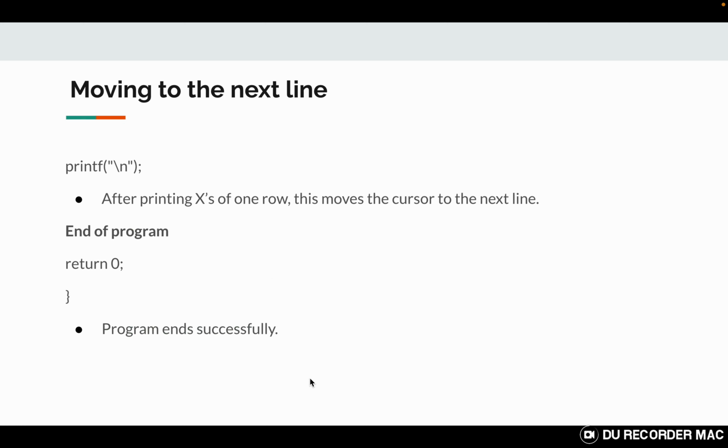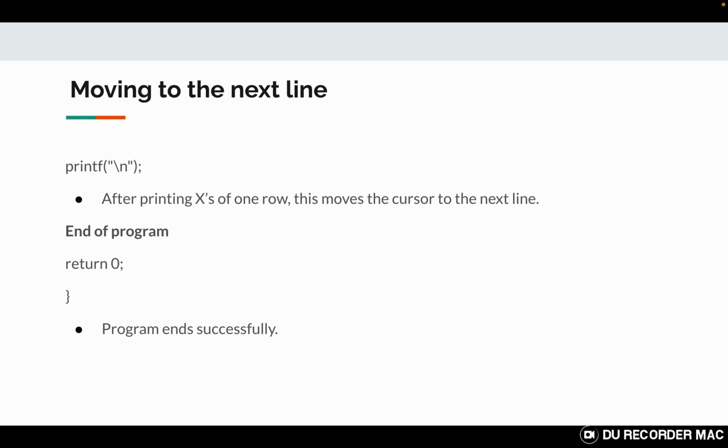Okay, now why this statement? Moving to the next line, we have this printf slash n. The significance of this is, say when you print the first line with the 5x, and then if you don't make the cursor move to the next line, then it will print serially.